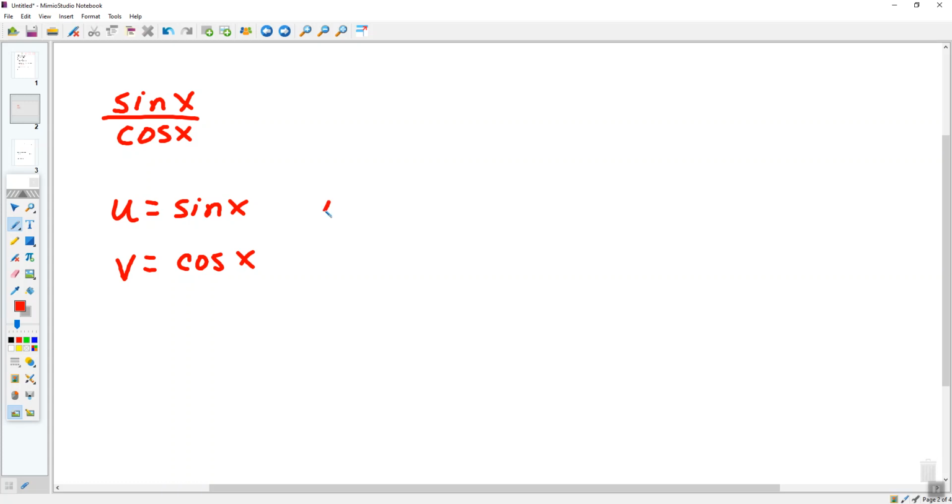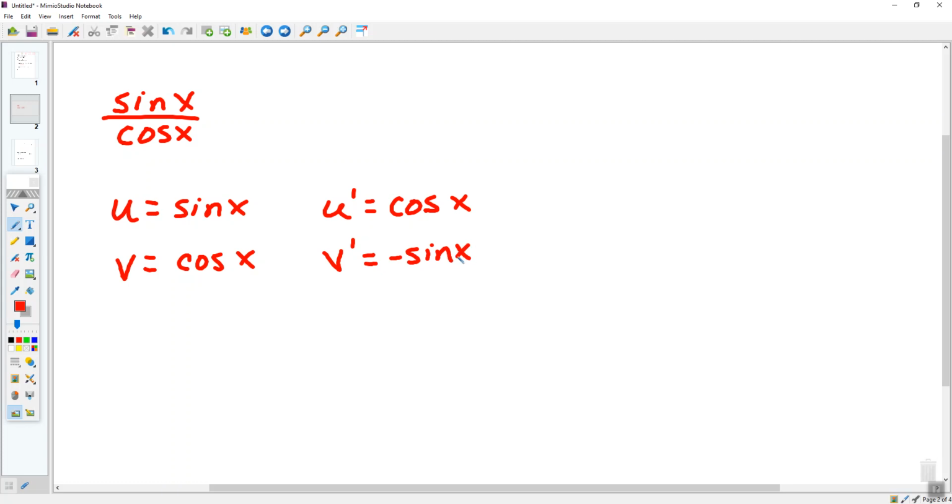So what's that make u prime, kids? Cosine of x. What's that make v prime? Negative sine x. Okay, here we go.